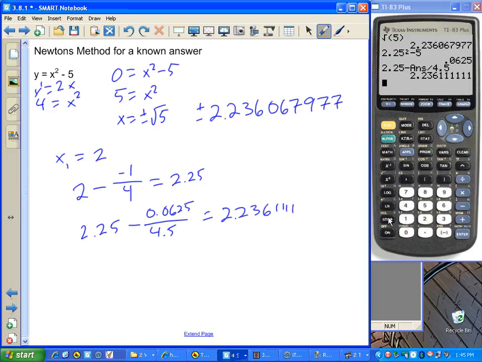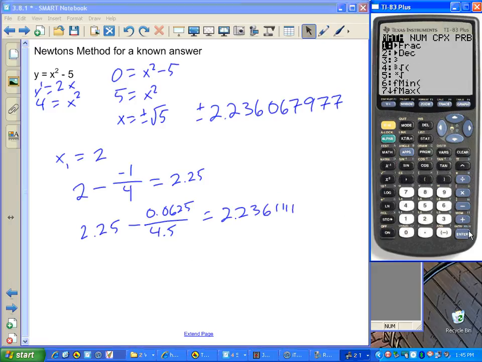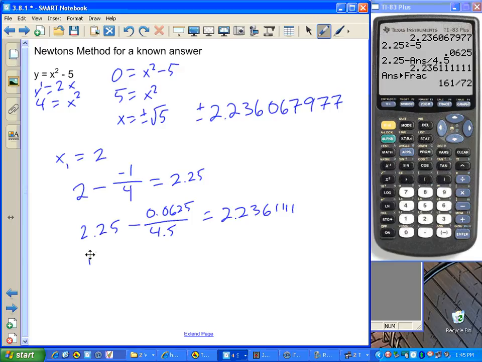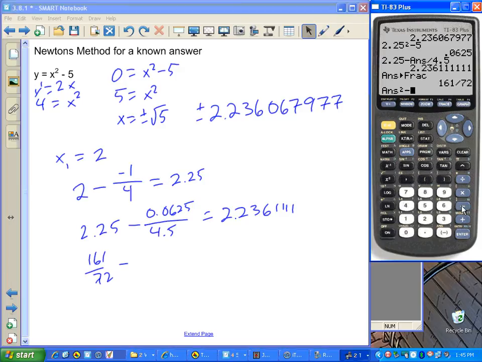So I'm going to take that. Let's see if I can convert it to a fraction to make it a little easier to remember. 161 over 72. So I'm going to take that, subtract. Actually, I need to plug this into the function, so I'm going to square it and subtract 5. I get that.